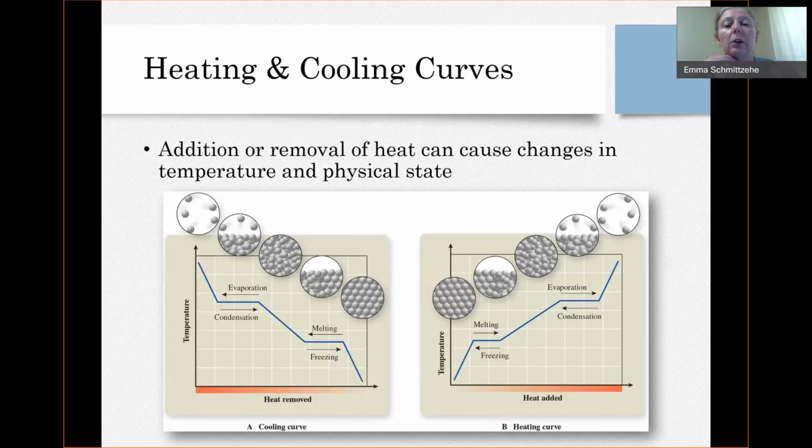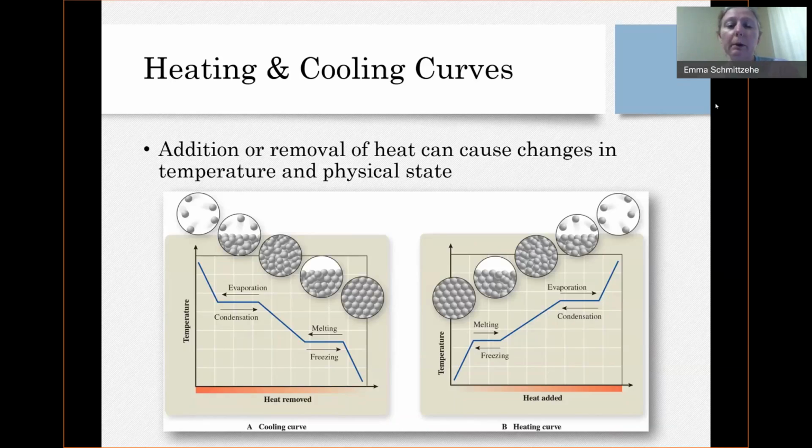So a heating curve or a cooling curve helps you to kind of break down the energy associated with that process. And we can actually quantify the amount of heat associated with each segment of the lines in your heating curve or in your cooling curve.